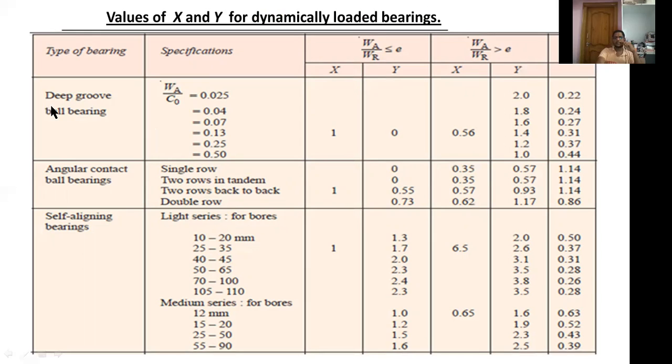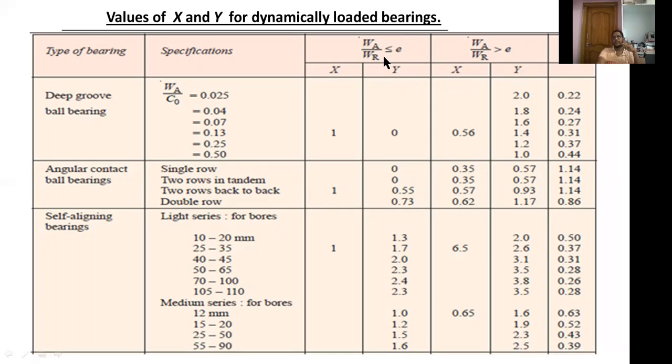Here you can observe these are the types of bearings. These are the specifications of the bearings and these are the X and Y values, radial load factor and axial load factor. Here the load ratio, that is axial load by radial load, is called the load ratio.